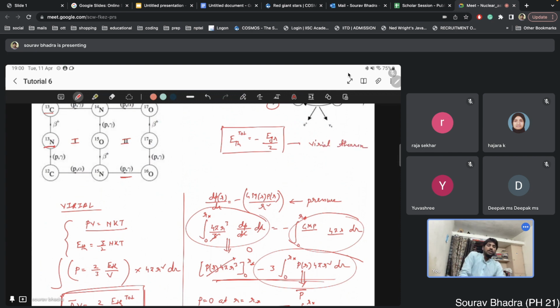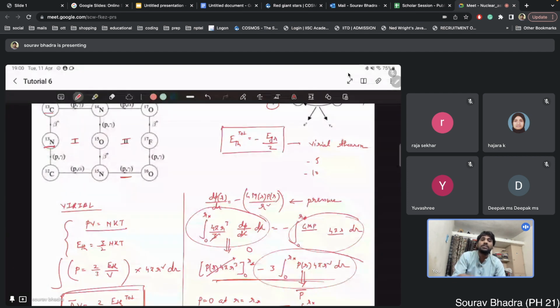That means if the gravitational contraction is there, it will increase that E thermal total. Gravitational contraction means EGR is decreasing, and decreasing on the negative side means it is actually increasing. Okay, so it is a play of that negative sign, which is very important. Suppose the EGR value was minus 5, and EGR is decreasing, that means to minus 10, but the E thermal will be plus 10.